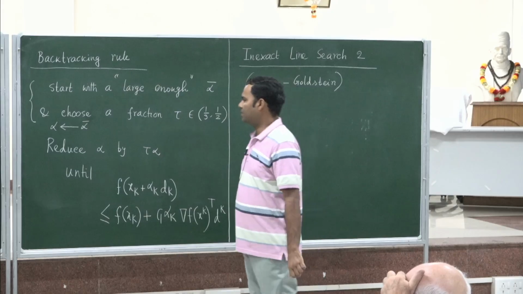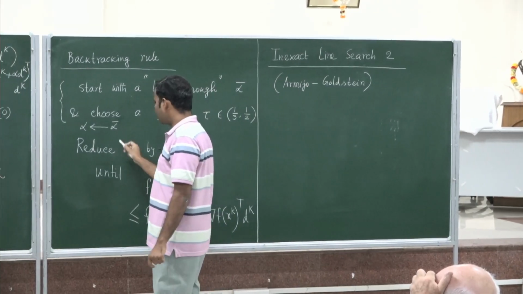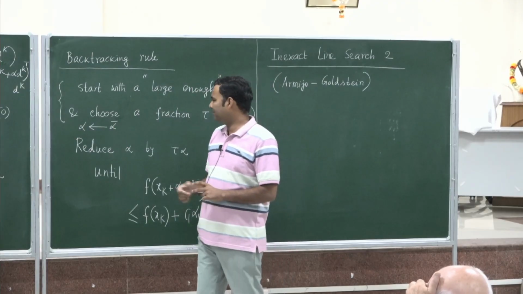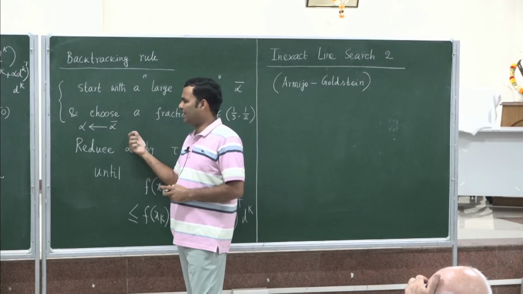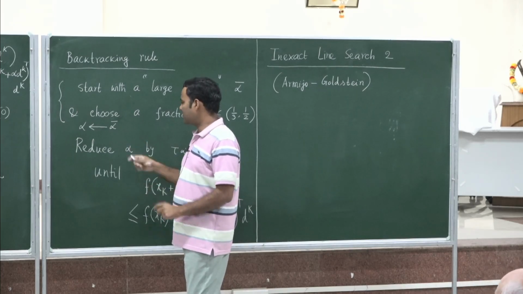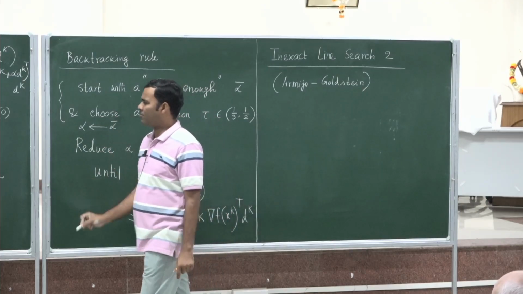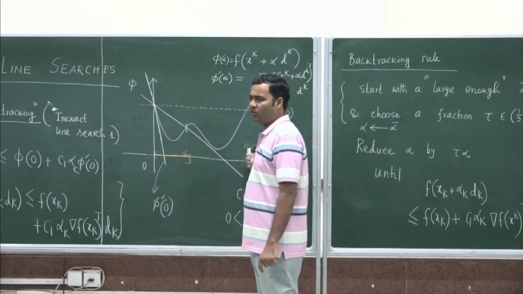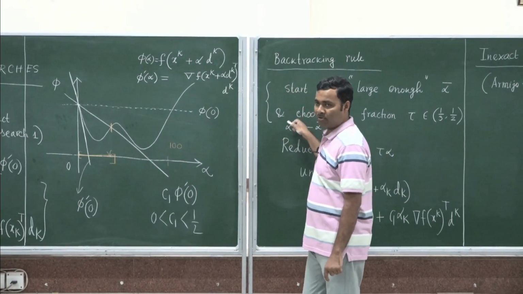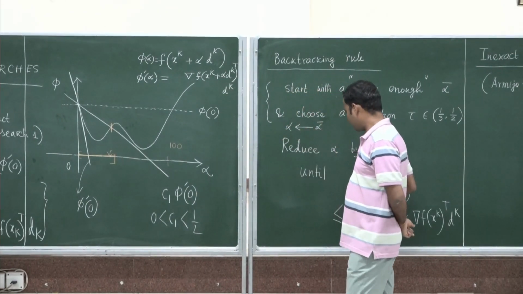You notice that here is an iterative process. Although it is just multiplication and not much computation, still, if I choose a very large value of alpha, sometimes it may require quite a bit of time to get out of this inequality.